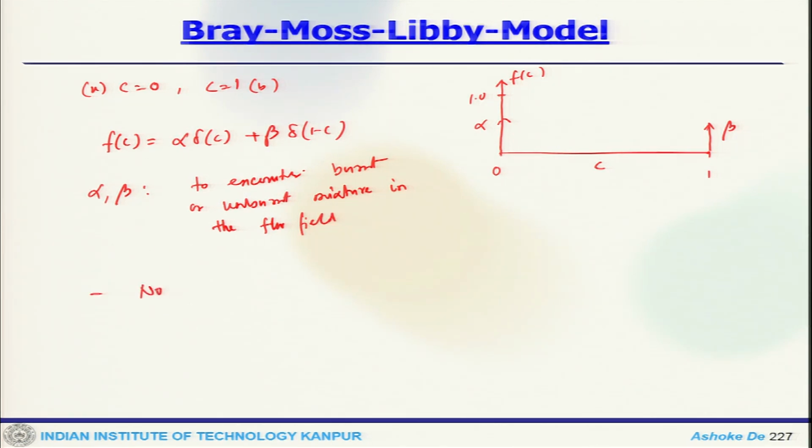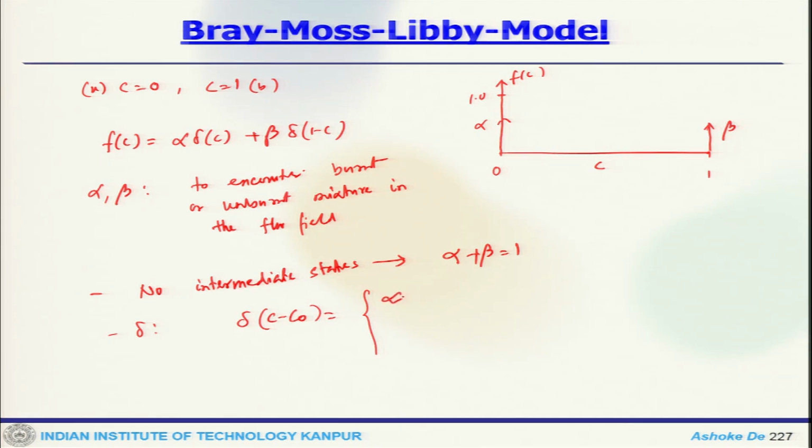So, there is no intermediate states, which means alpha plus beta would be 1, and then the delta function, which is defined as delta c minus c naught, which could be infinity for c equals to c naught or 0 for constant, which gives that integral from minus infinity to plus infinity gc delta c minus c naught dc is gc naught.